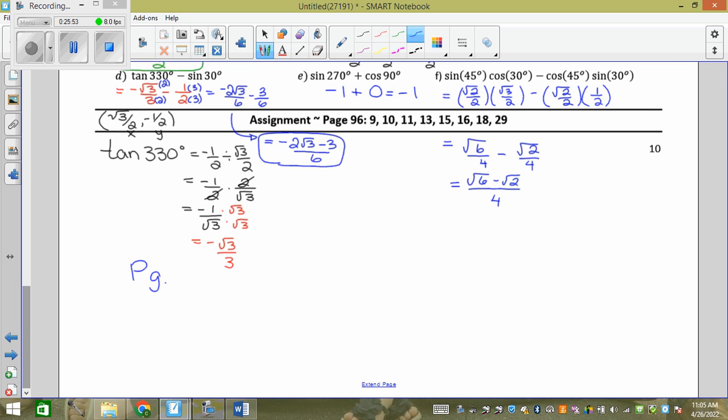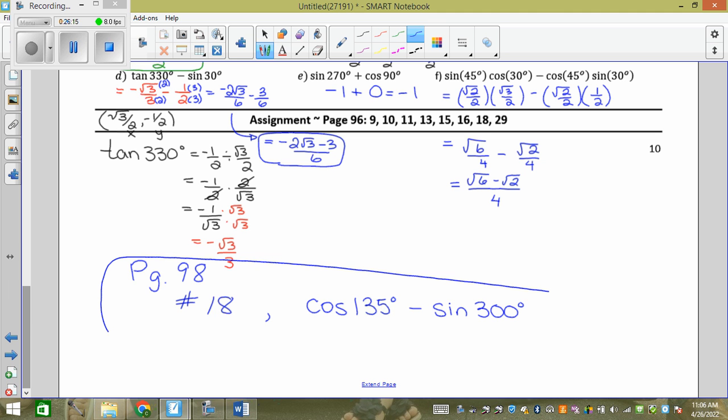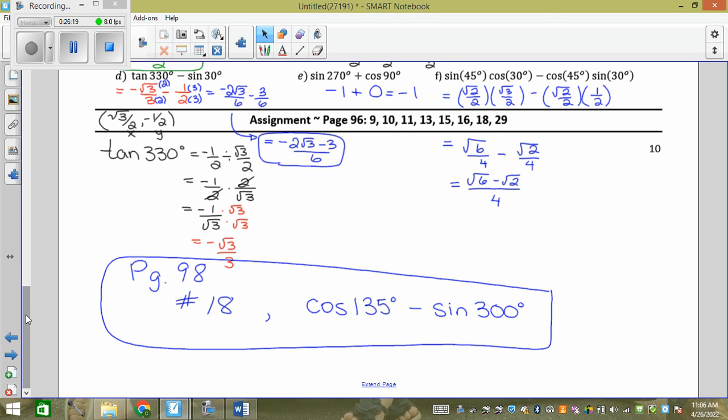Page 98, you have to determine if they're the same without using technology, so you need to use your unit circle. And then I want you to do this one. Cos 135 minus sine of 300. So you get 5 to 10 minutes to work on those, and then we're going to review quadratics.